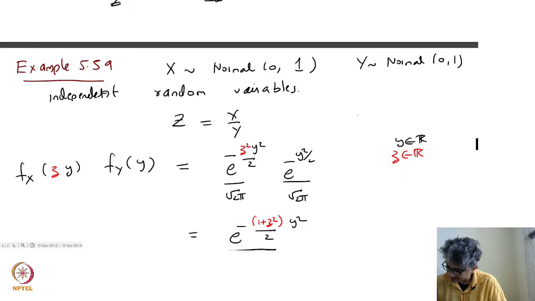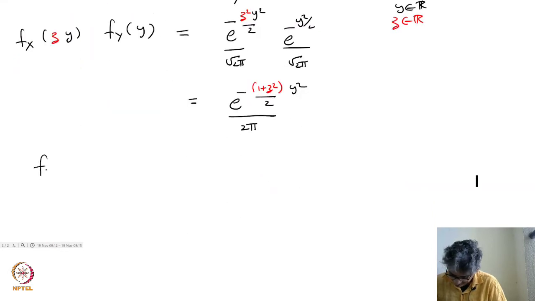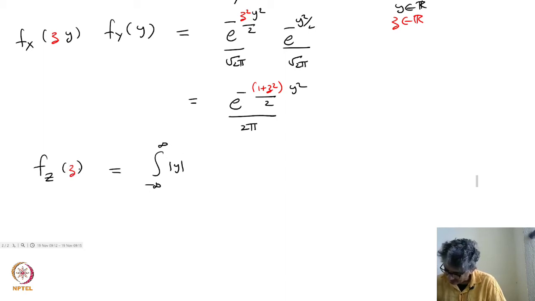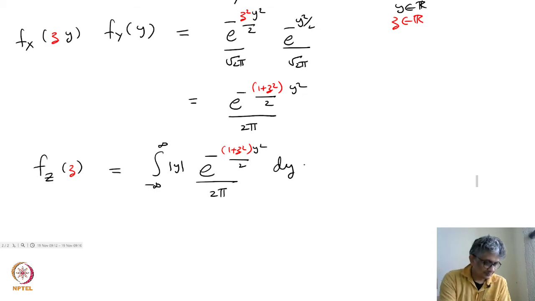So now f sub z of little z is going to be the integral from minus infinity to infinity, with mod y, of this function. So e to the minus 1 plus z squared times y squared by 2, over 2 pi, and you have a dy. This is what this is.